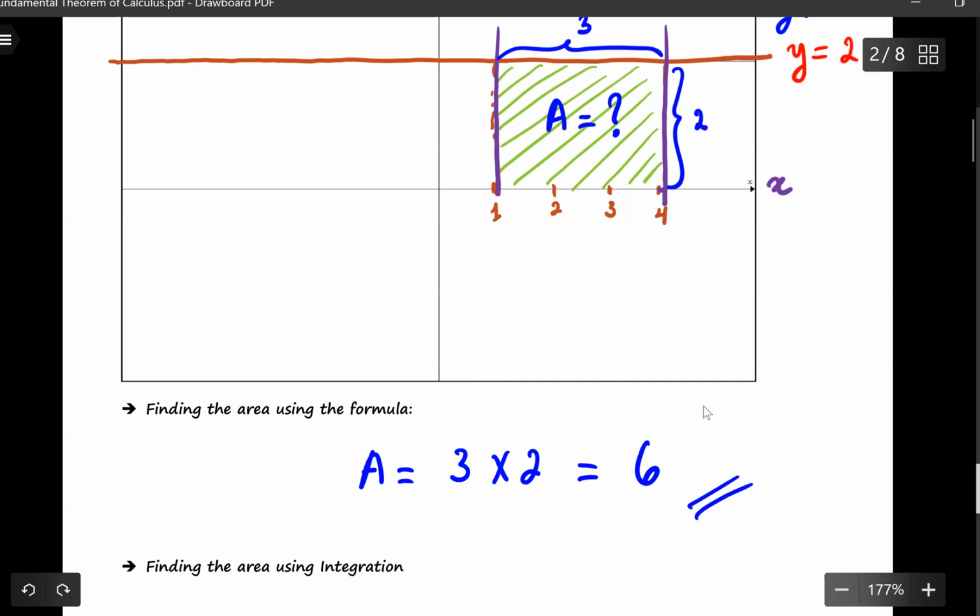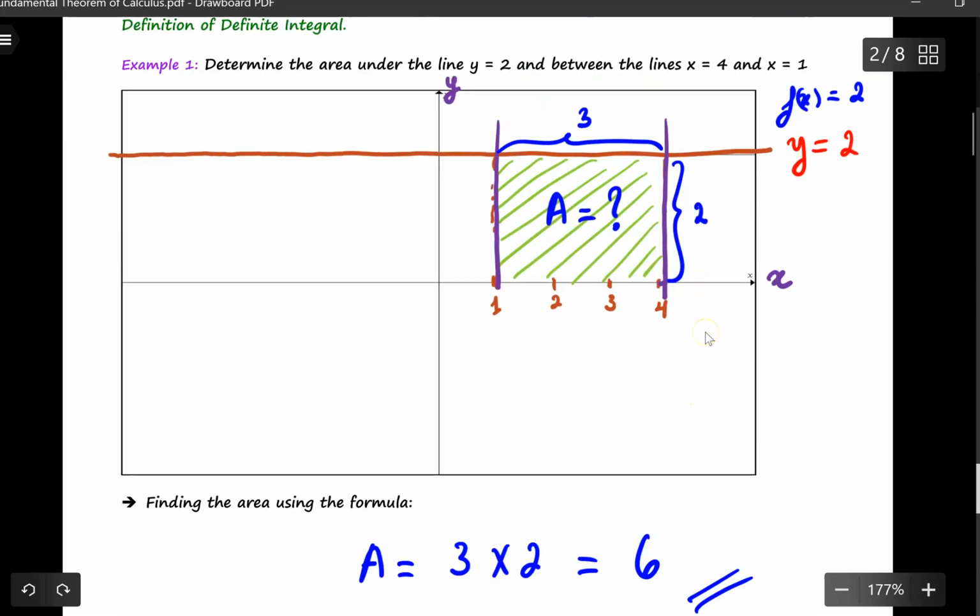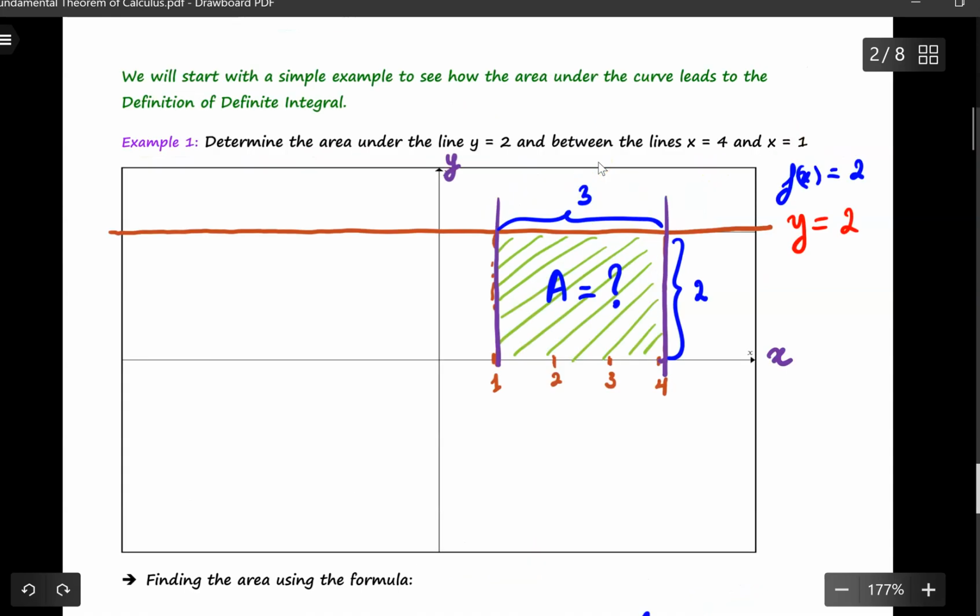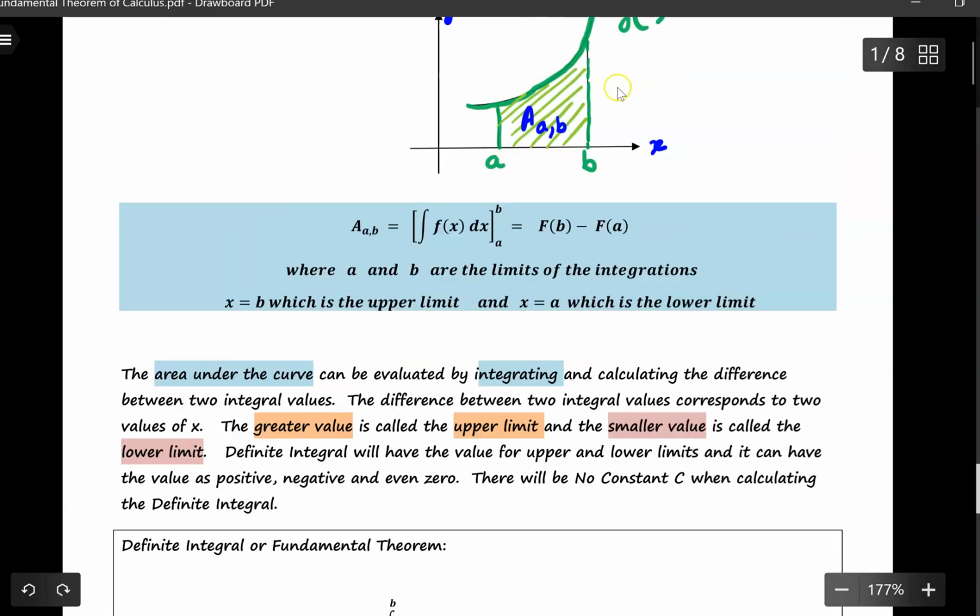However, not all the areas that we are going to evaluate are as simple as this straight line. And not every function that we are going to deal with is a straight line. If we have a curve like this, we cannot apply just a simple formula.